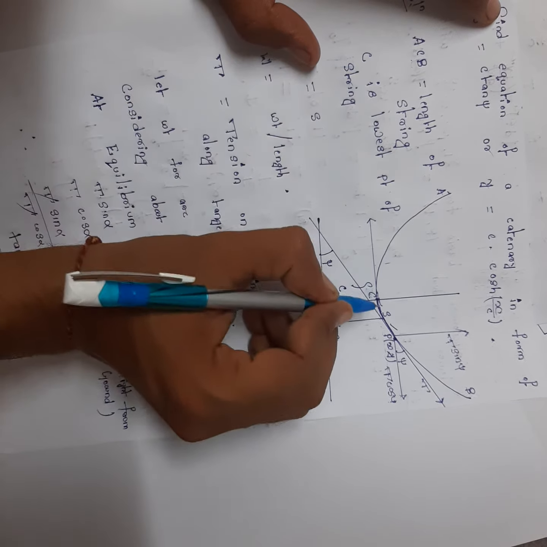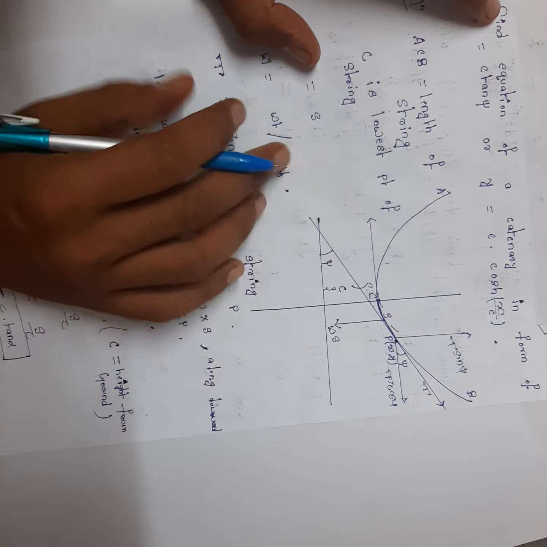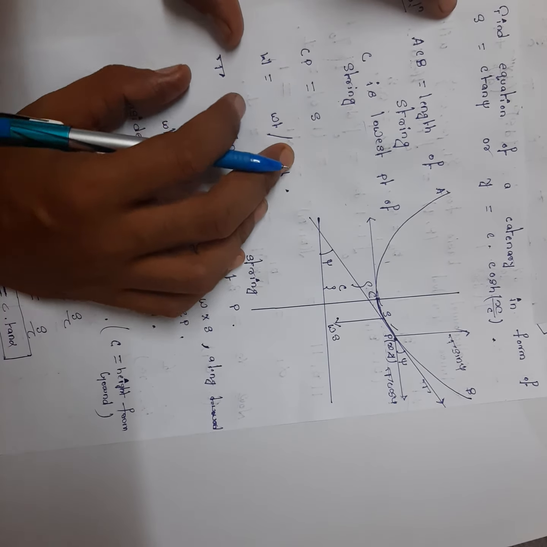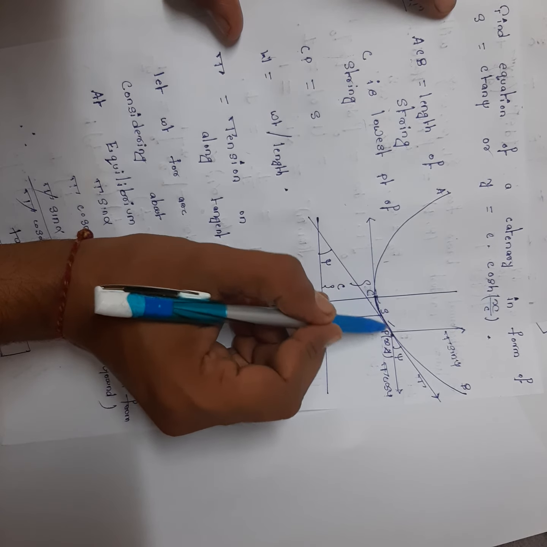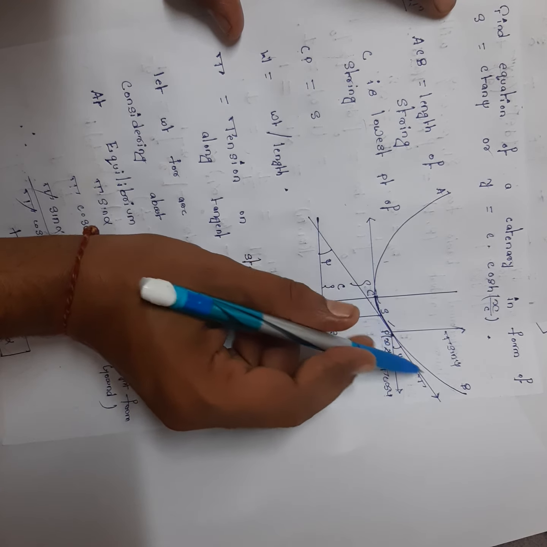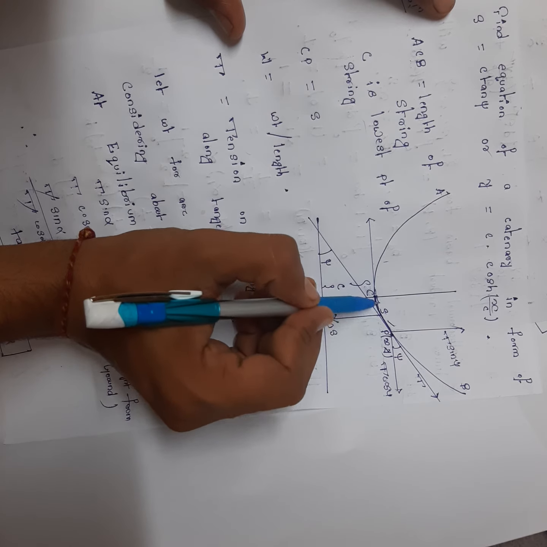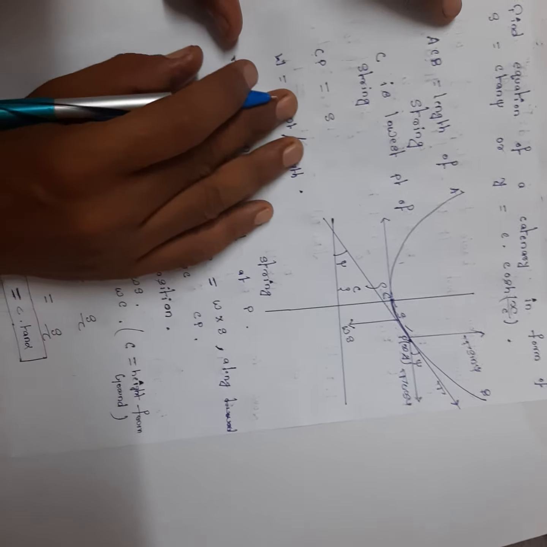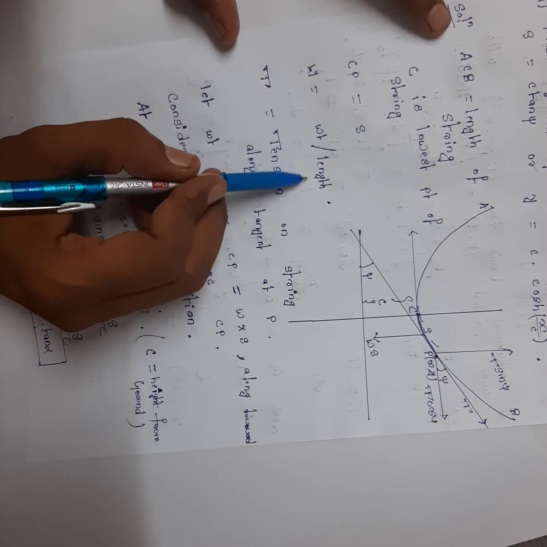Now C is the lowest point of the string. Considering CP, from C to P, where P is an arbitrary point on the string, the arc distance is S. Also W is the weight per unit length.